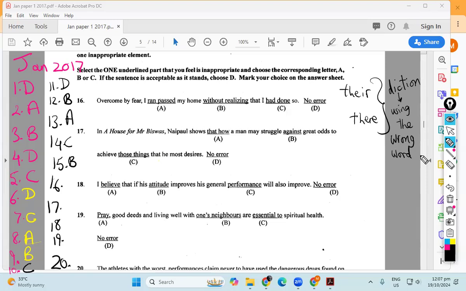Right, number 16. Overcome by fear, I ran past my home without realizing that I had done so. It is not no error. There is an error. Okay, so yes, Dina, that is correct. What is the error? Guys, what is the error?